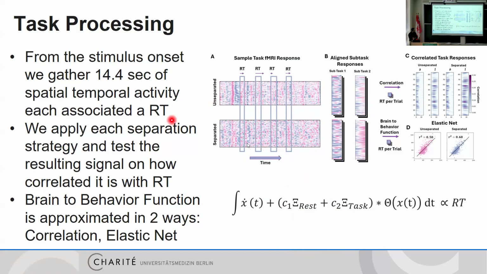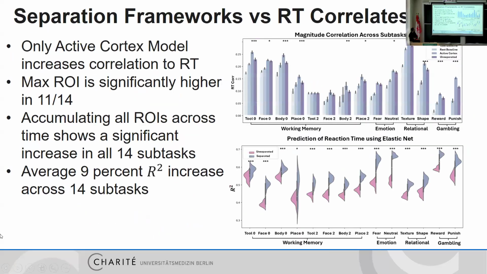And then whatever our separated signal is, we're going to correlate it with the behavioral measures. And so we needed another brain to behavior function. We did this in 2 different ways. We used just simple correlation. The second one, we built an entire elastic net that takes all of this information and summarizes it into one value, which we can then compare with the reaction time.